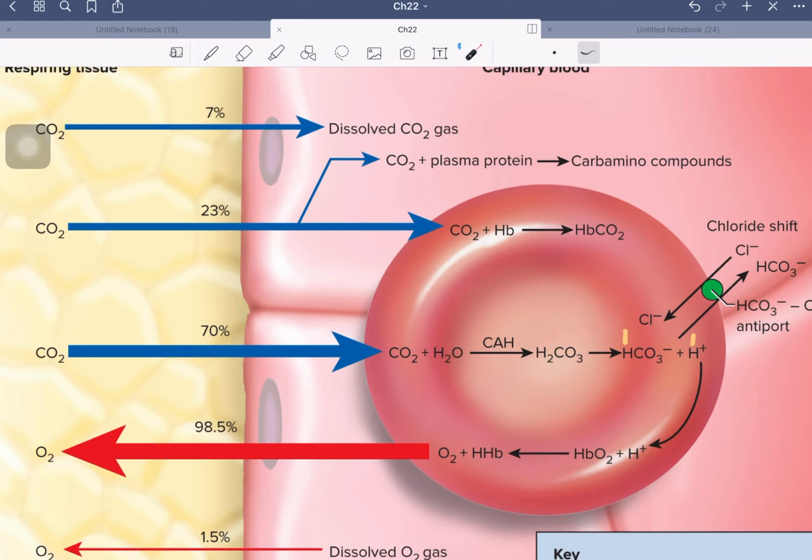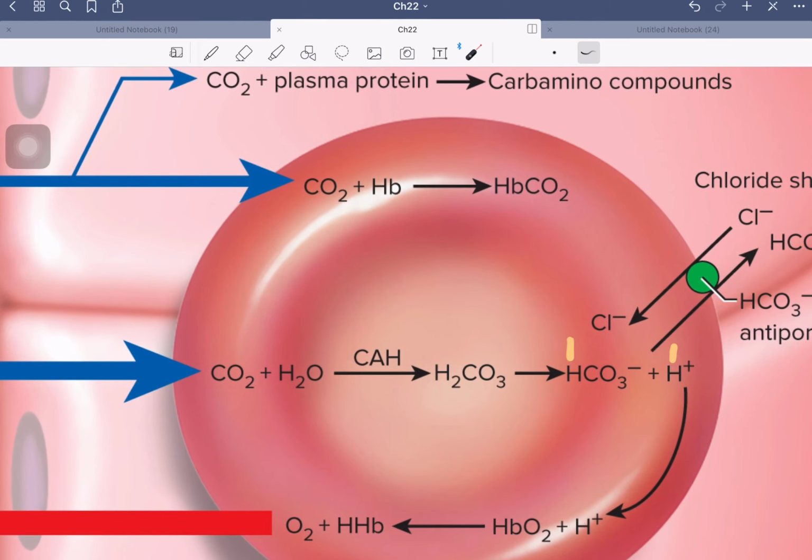The next thing that I want to point out is to go back to this relationship of bicarbonate and hydrogen ions. So for every bicarbonate that exists, there is 1 hydrogen. And we're going to see in this chapter, and also in the heart chapter, we're going to make reference to it also, that one way the body can get a sense as to how much carbon dioxide there is is by looking at the number of hydrogen ions.